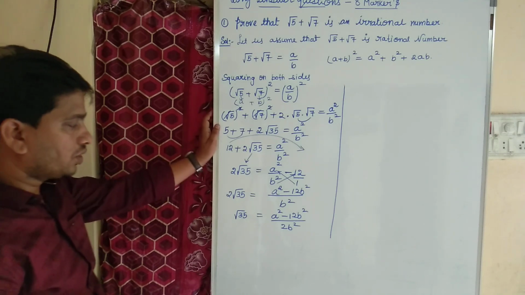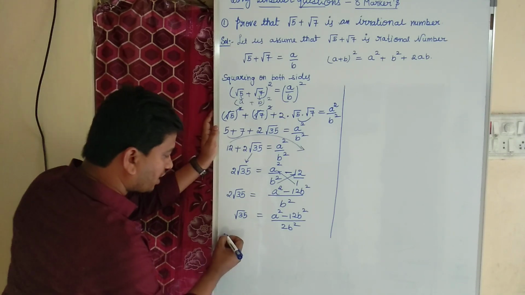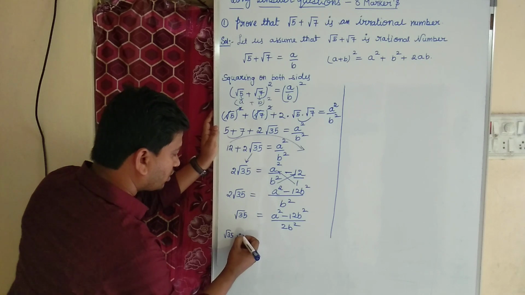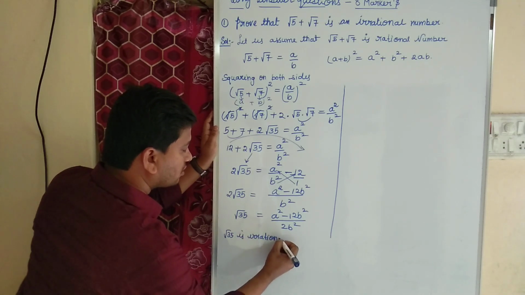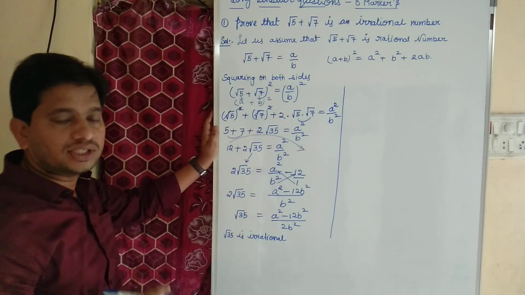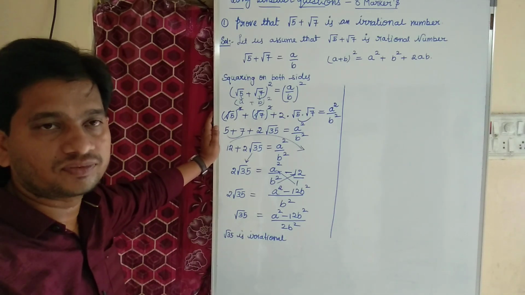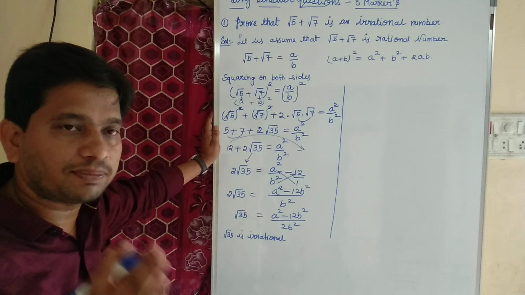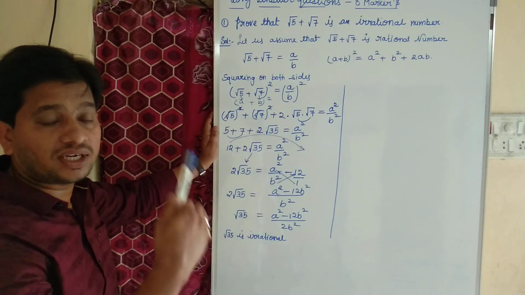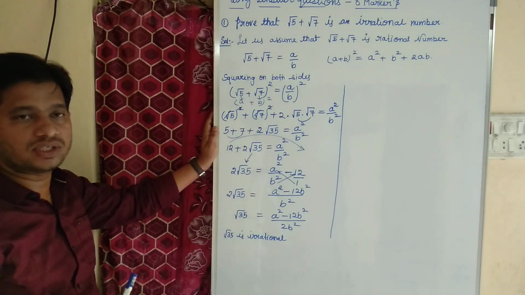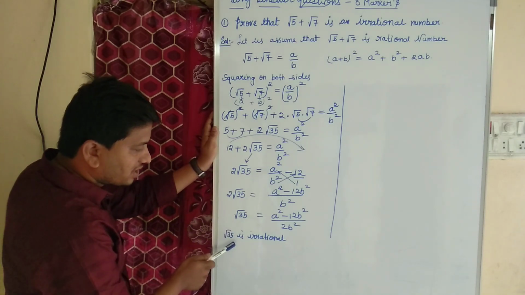Children, we know that root 35 is irrational. As we know, irrational numbers generally are in the form of roots. Except perfect squares, all the numbers in the form of roots are irrational numbers. Here root 35 is irrational.